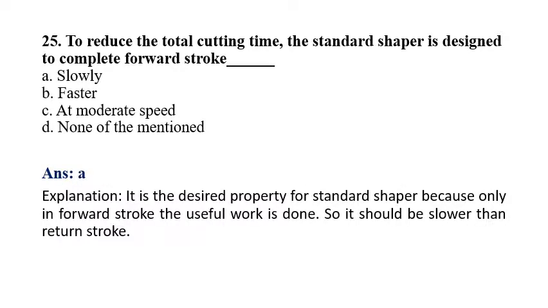In shaper, the cutting stroke is also called the forward stroke. In forward stroke only the useful work is done, so the work will be completed in a slow movement. So the standard shaper is designed to complete forward stroke slowly.